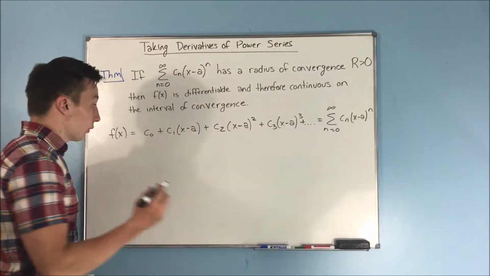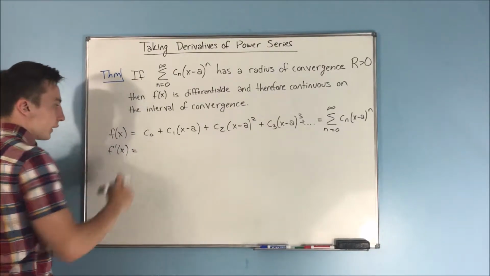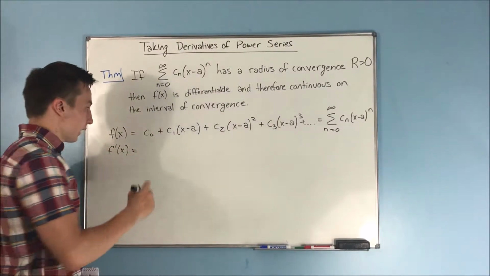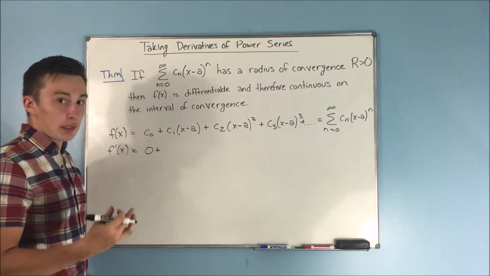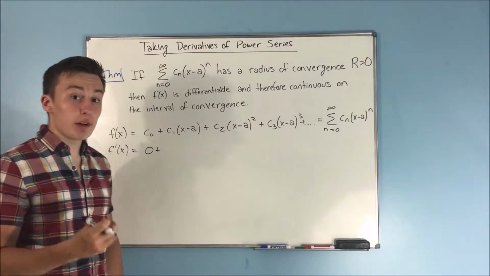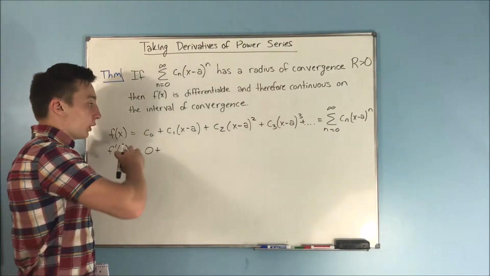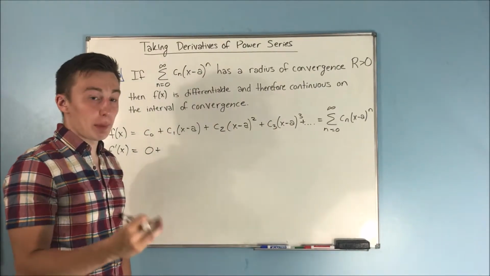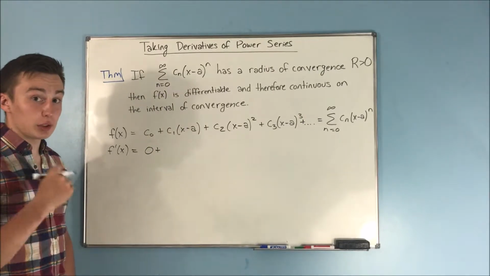Now, if we take a derivative of this, take f prime of x, well, this c sub 0 is going to be 0. Then c sub 1 times x minus a. Remember, f prime of x means we're taking a derivative with respect to x and not n. I know we have a bunch of different variables here, but we're taking a derivative with respect to x.